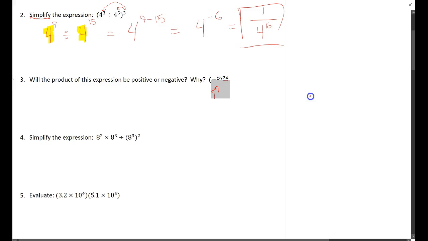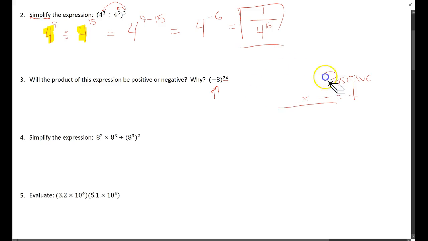We need to say, well, is this positive or negative? I'm sorry, not positive or negative. Is this even or odd? If it is even, as you see in your notes, the answer will always be positive, because a negative times a negative is always a positive. So if it's even, there are always going to be even pairs of 2, so it's going to equal a positive.